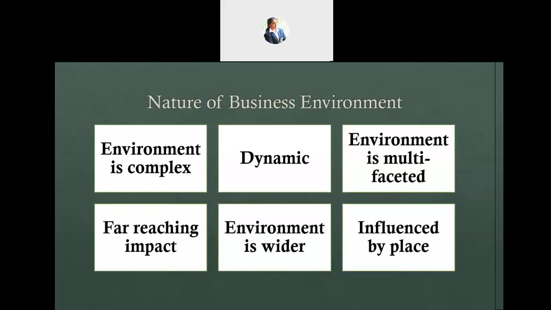There might be a change in one of the external factors, and it depends upon each individual or organization how they see that change. Would they see it as a threat, or would they see it as an opportunity?